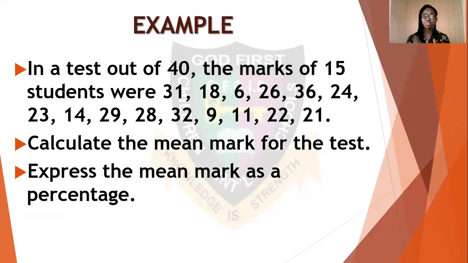Example: in a test out of 40, the marks of 15 students were 31, 18, 6, 26, 36, 24, 23, 14, 29, 28, 32, 9, 11, 22, and 21.